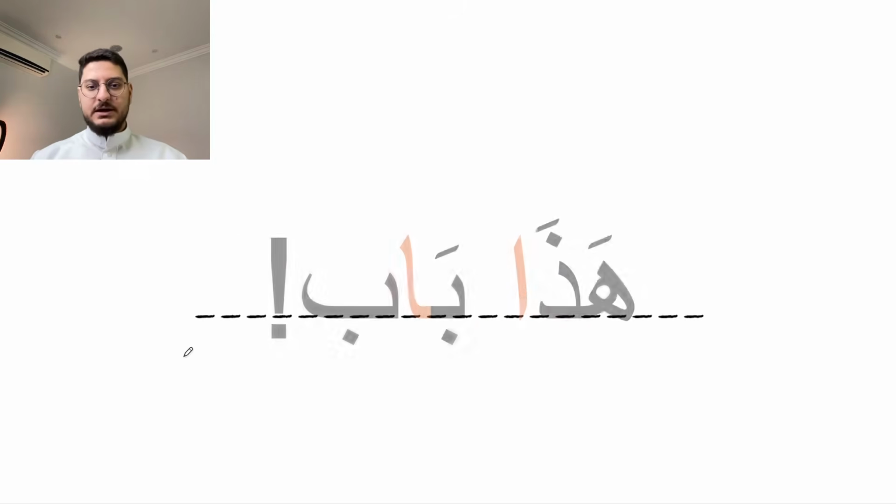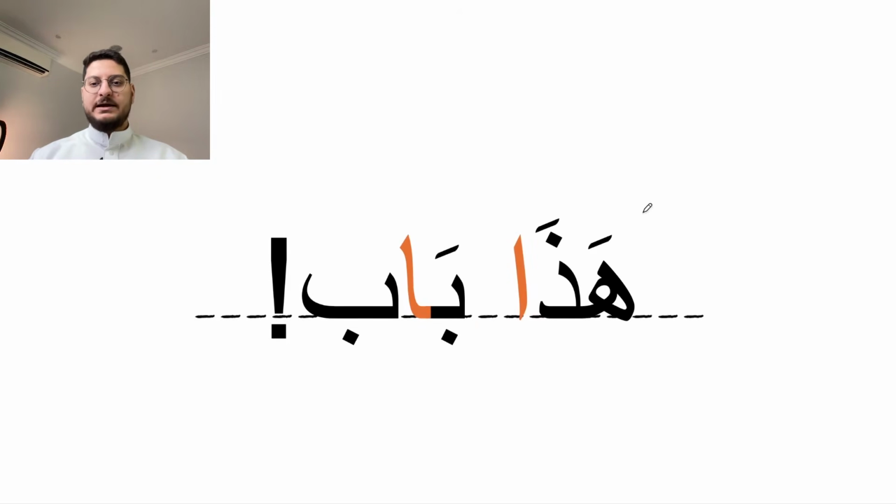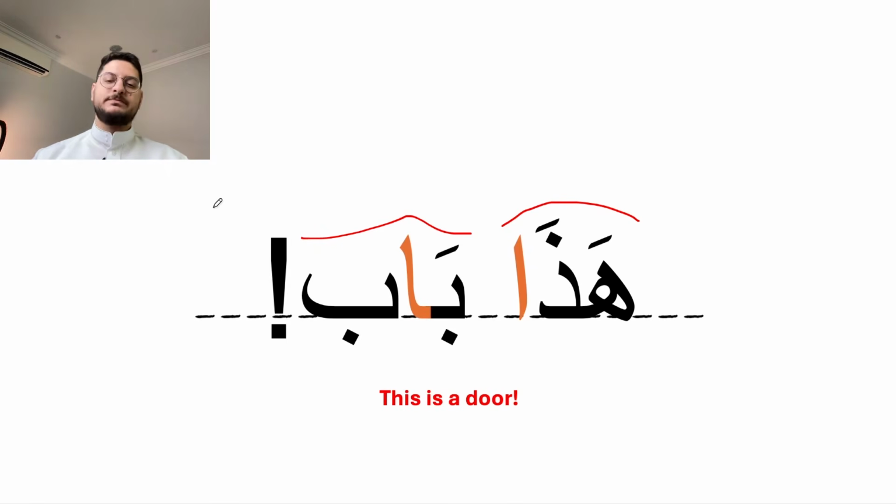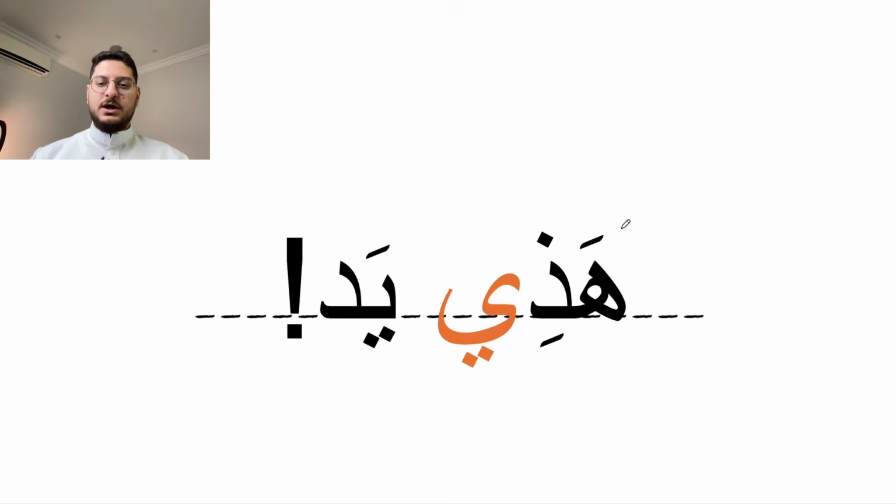Now let's look at this one. Again we have هذا, this, and then باب. Bab was a door. So هذا باب means this is a door. Let's look at the next one. هذه يد. هذه, this, يد is a hand.